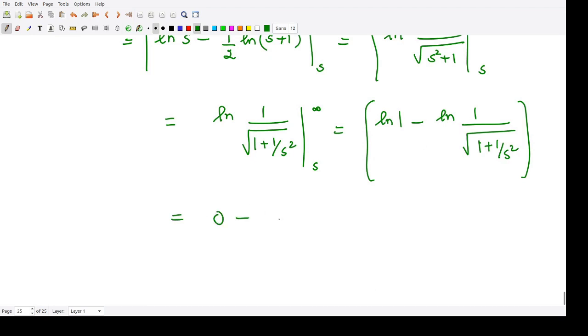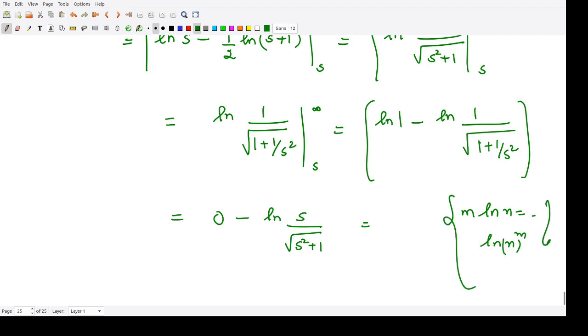This is minus, you can rearrange it, minus log of s divided by square root of s square plus 1, or you could adjust this minus sign in the power, because we have m log n equal to log of n raised to power m. This is the result we already know of the logarithmic function. So this term becomes log of square root of s square plus 1 divided by s.